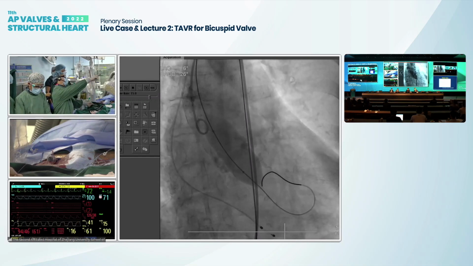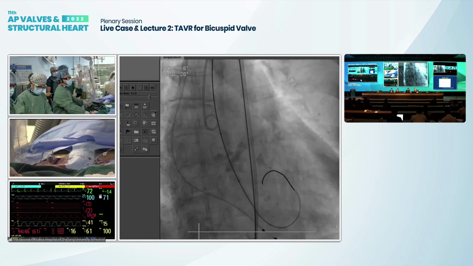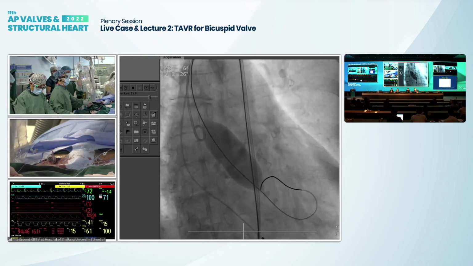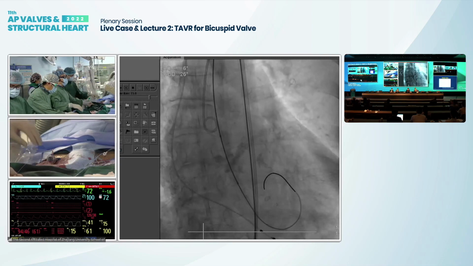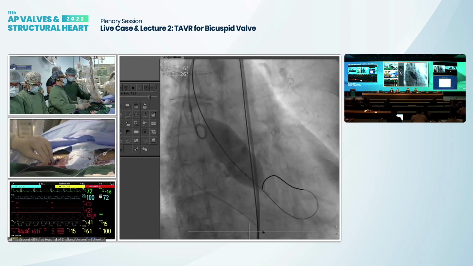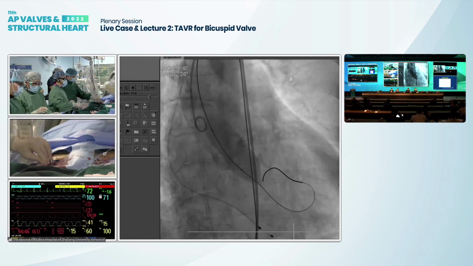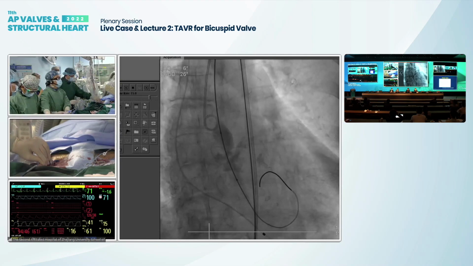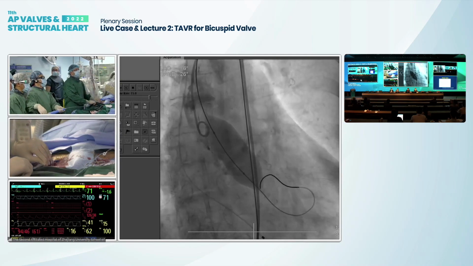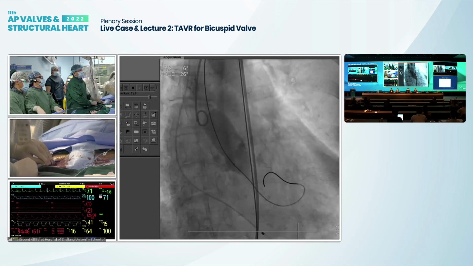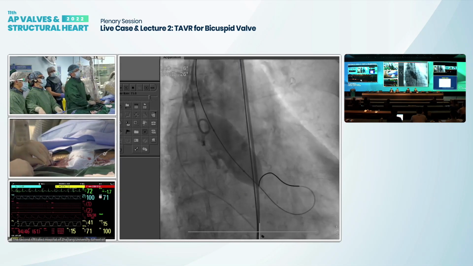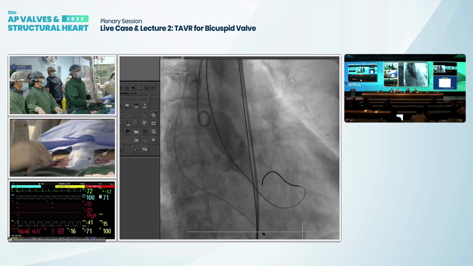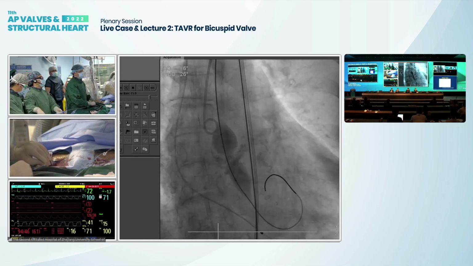Actually, you can see why we need the balloon valvotomy. There are three purposes. One purpose is to try to open the orifice of the valve. The second purpose is to size the supraannular size. The third purpose is to see whether, during inflation of the balloon, the orifice of a coronary artery is occluded or not.